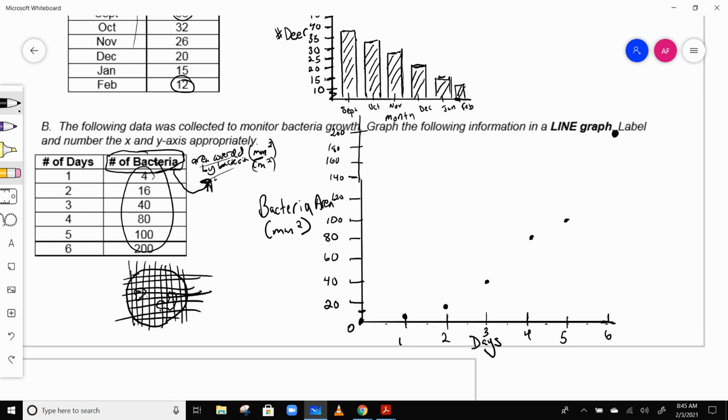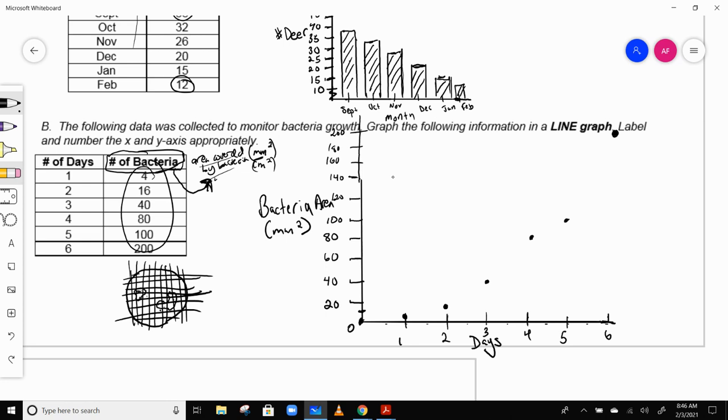So I got rid of the broken scale because now you see a little bit better of a pattern here. If you look, you get an exponential growth. It's much more clear than if you had that broken scale. And then last thing we need is a title.